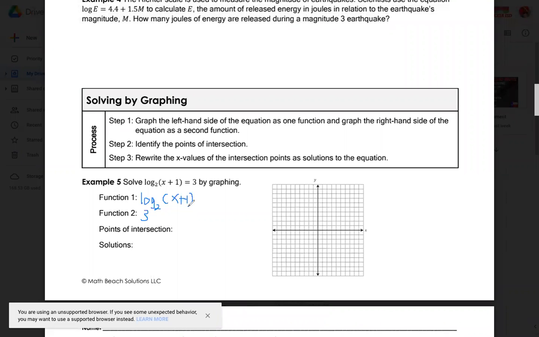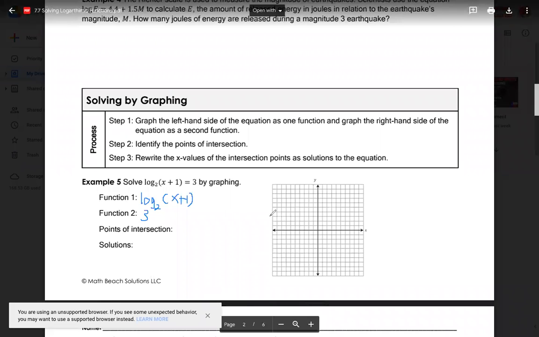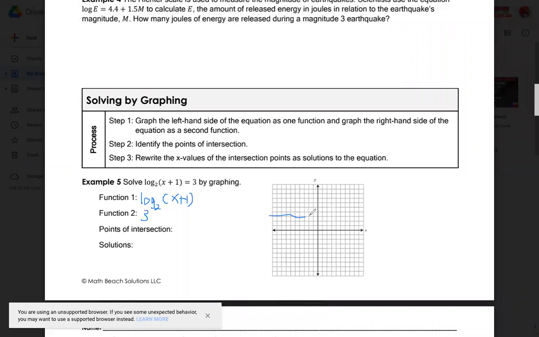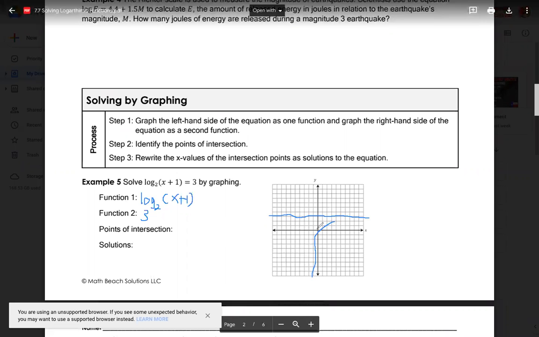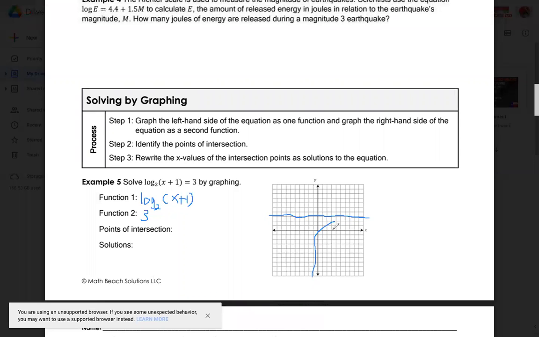Now, when you do this, you would have got the line, one of the lines running straight across at 3, and then your other line would have come through the center and then curved, and they should have hit right here.